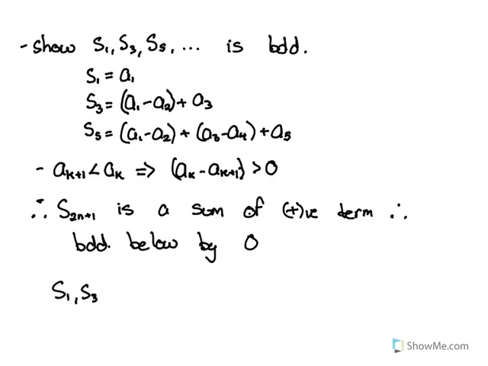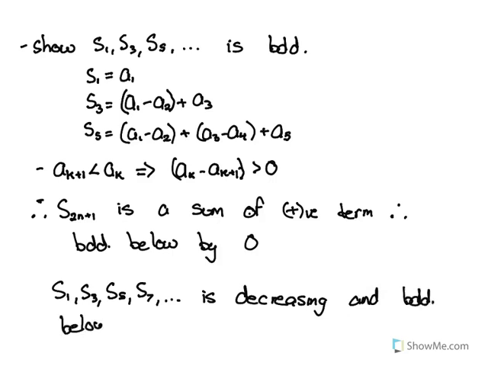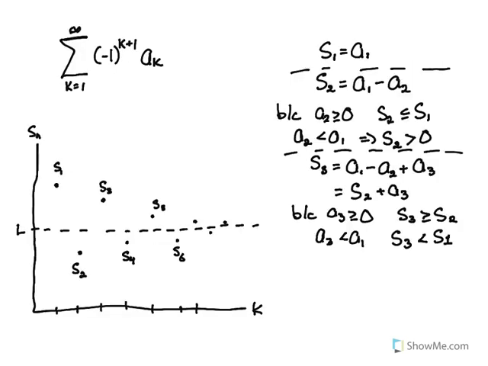So S1, S3, S5, again the odd partial sums, is decreasing and bounded below, which implies by the BCMT that it converges. The limit as n goes to infinity of S_{2n+1} converges to something. Let's call it L. So going back to the picture, we've shown that the partial sums above the line L are converging to L.